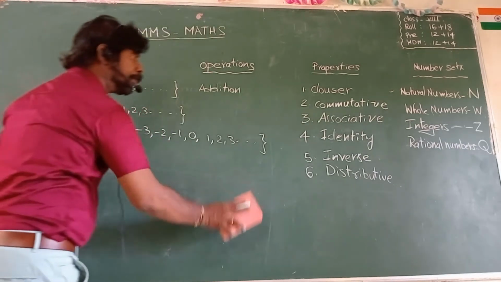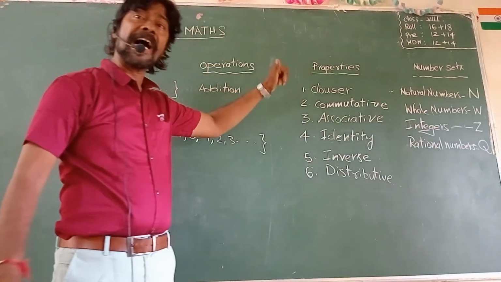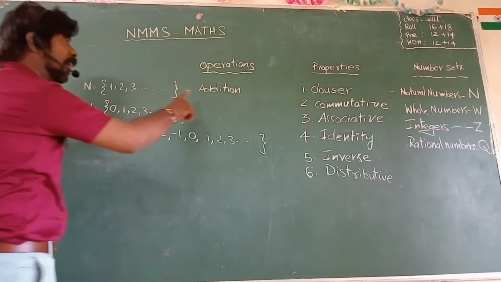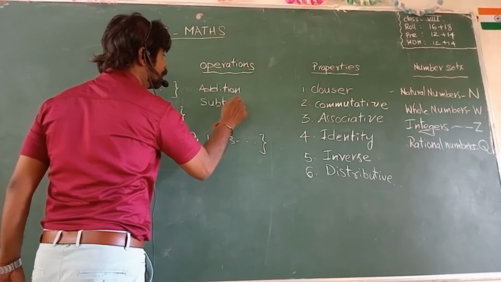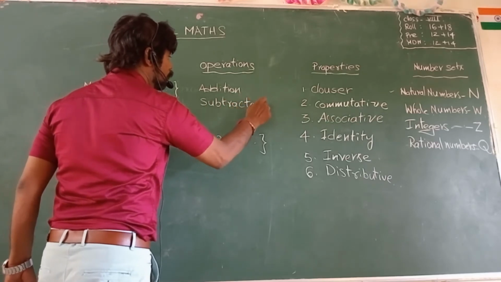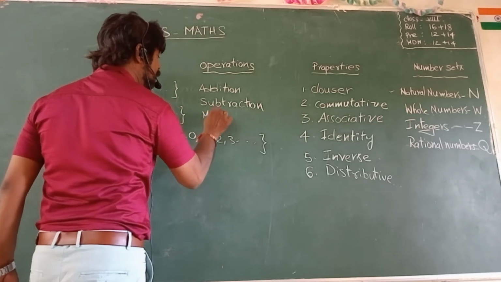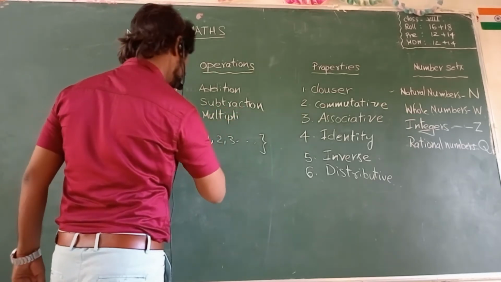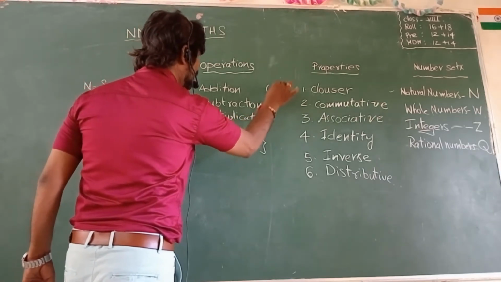ఇప్పుడు మన ఎయిమ్ ఏంటంటే, we have 4 operations in math. One is addition, subtraction, multiplication. ఎవరికైనా తెలీదా? This is plus.